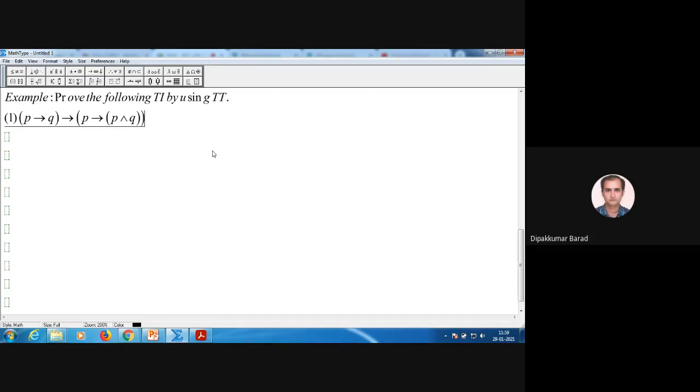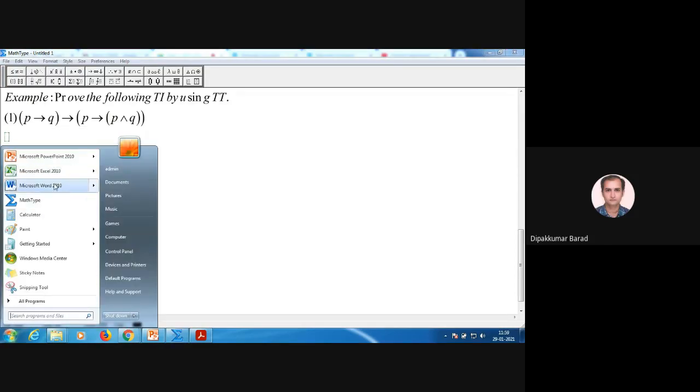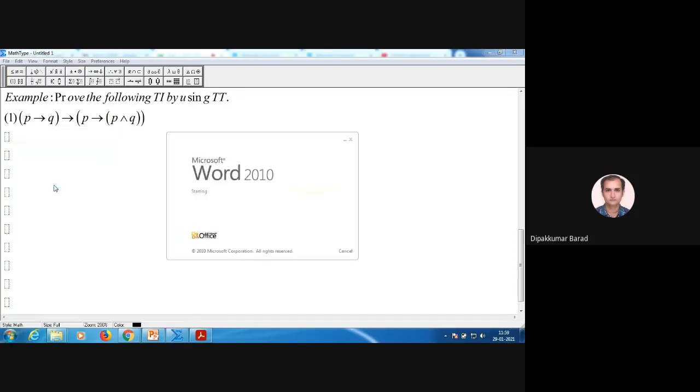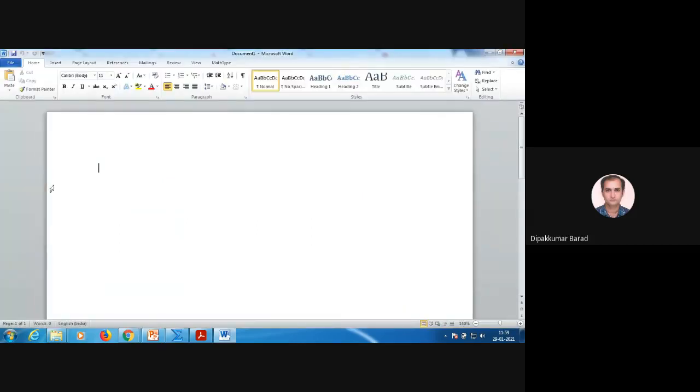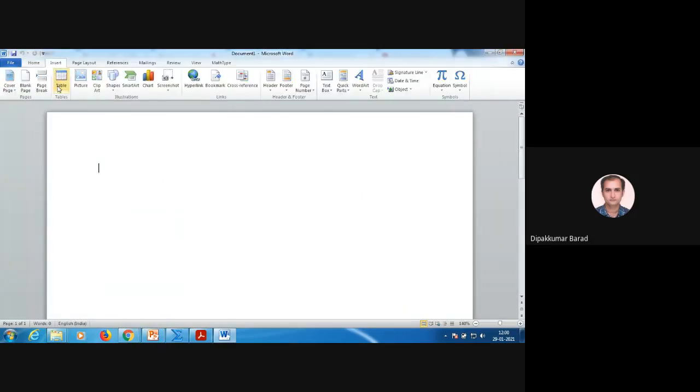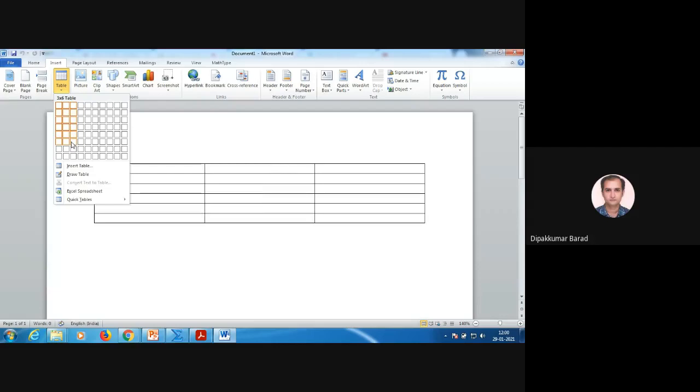So for that I have to draw a truth table. We require these tools here. We have here P and Q only.